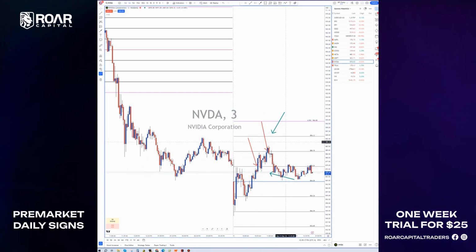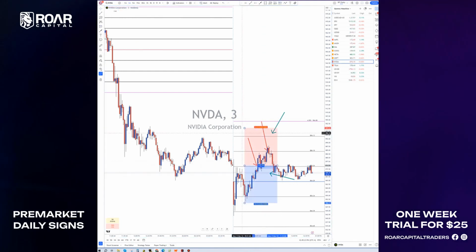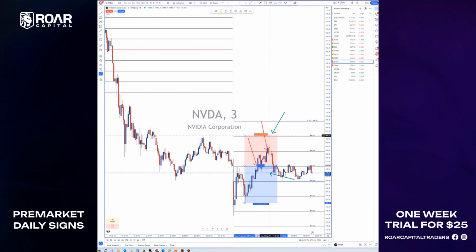So for example, with NVIDIA, let's say that I decided to short this level here. Now, let's say that I was going to put my stop up there, okay? And by the way, whenever I'm using a stop, I want it to go slightly higher than the actual level, okay? Not a few percent higher, but 10, 15 cents higher.